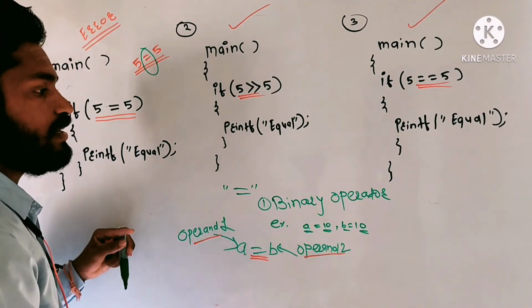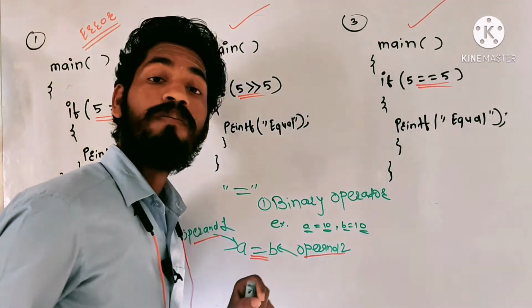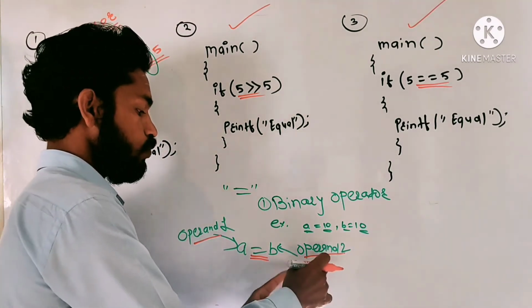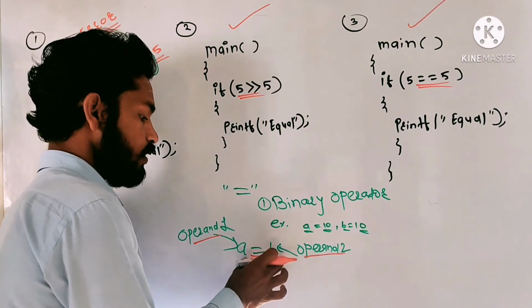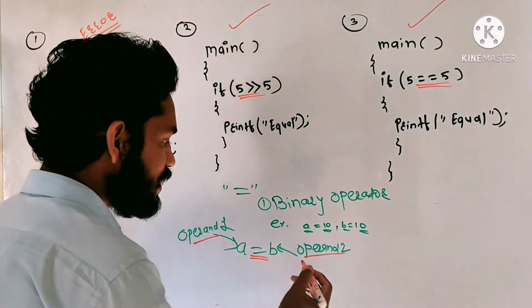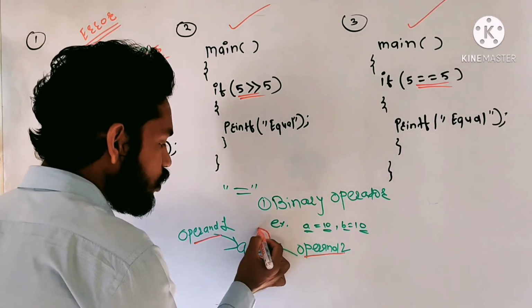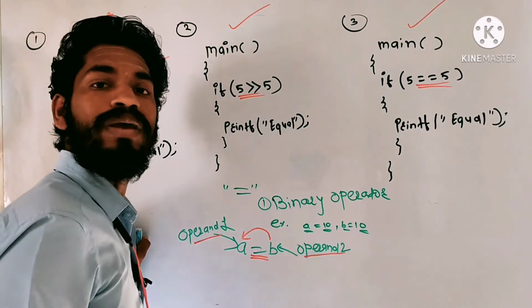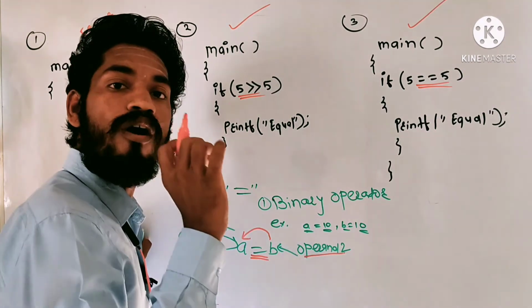The assignment operator requires operand 1 and operand 2. The work of the assignment operator is simply copying the content of operand 2 into operand 1.